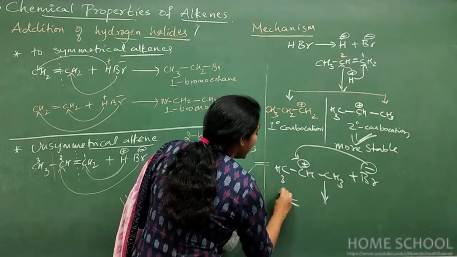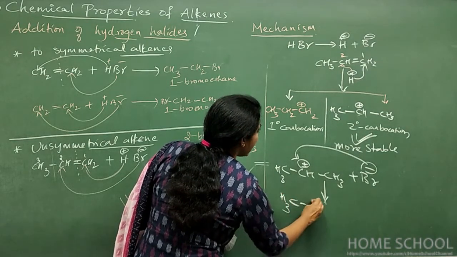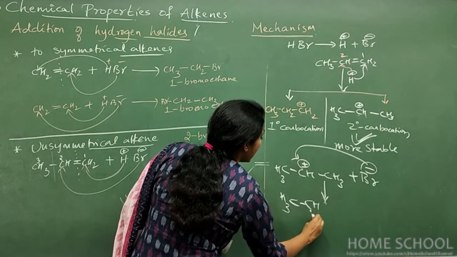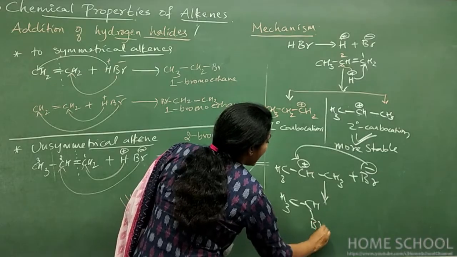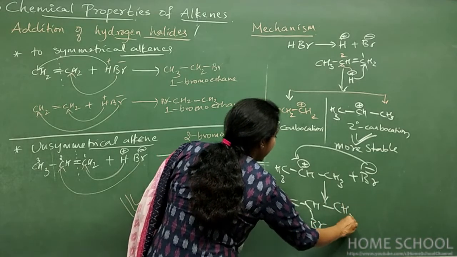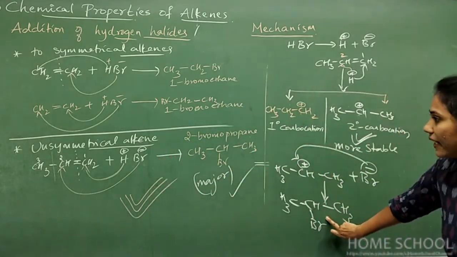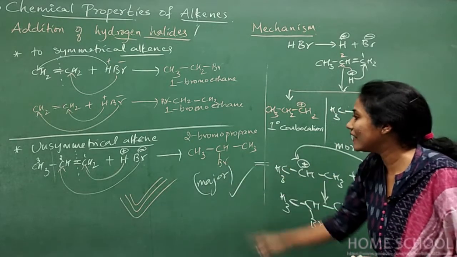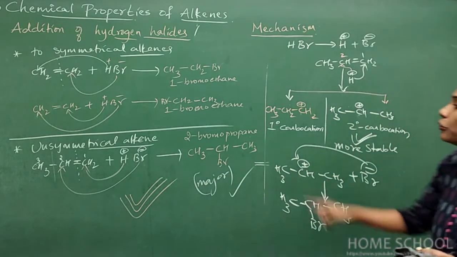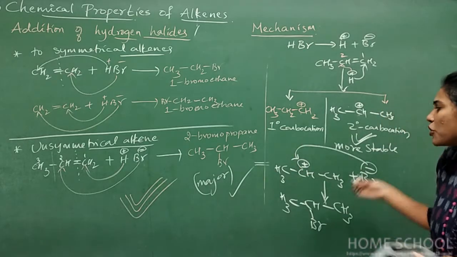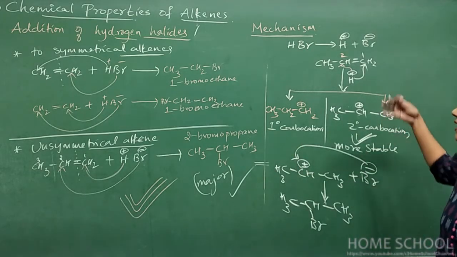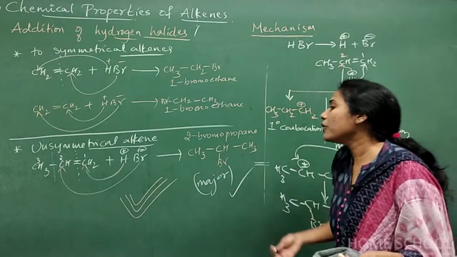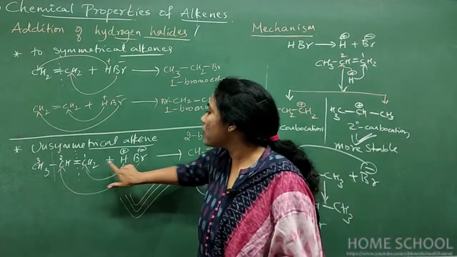So you get CH3, CH, Br attached to the second carbon, and CH3, right? So this product and this product are the same. That is how you will get 2-bromopropane.